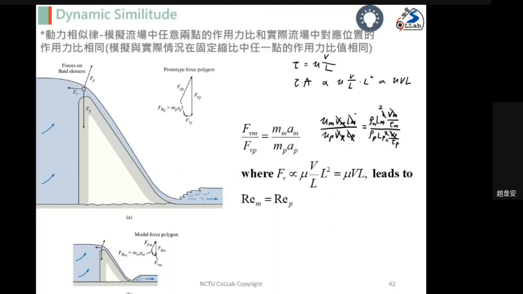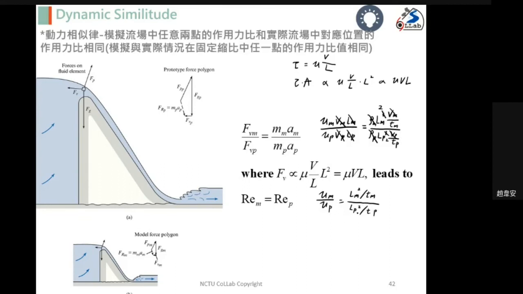We assume this is incompressible flow, so the density doesn't change for the water. So we just rearrange the equation balance. We know that mu m divided by mu p is equal to Lm squared divided by Tm, over Lp squared divided by Tp.